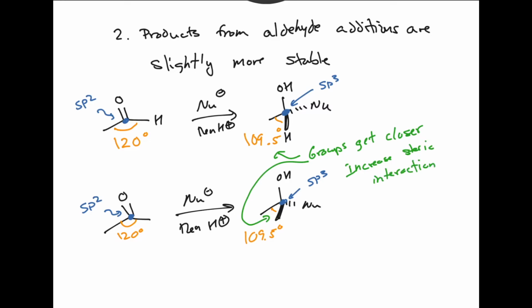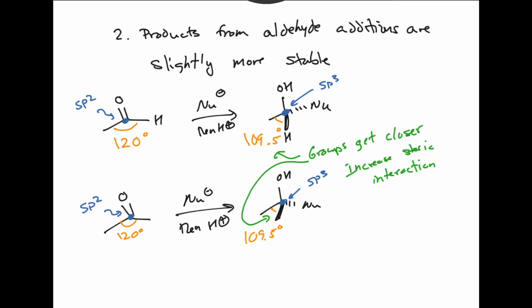But hydrogen's really small, so the difference between 120 degrees and 109.5 being ever so slightly closer is pretty negligible for a hydrogen, the smallest atom. Getting it a little closer to that carbon from your aldehyde doesn't really increase the steric interaction much. But when you move those two carbons closer together, you get a greater steric increase.